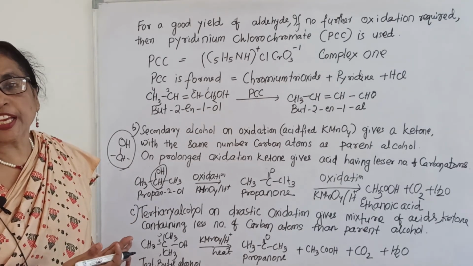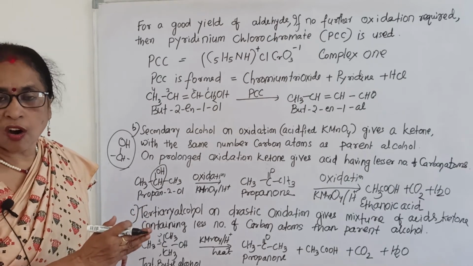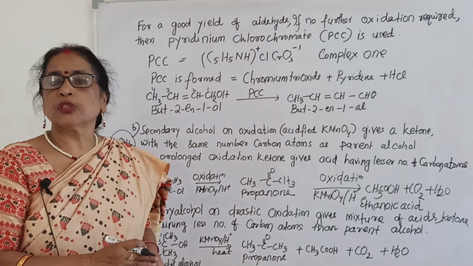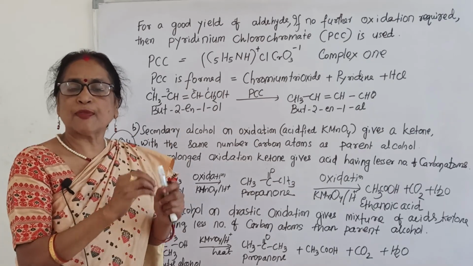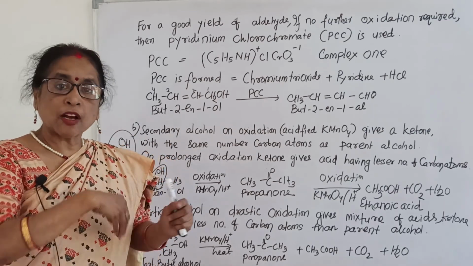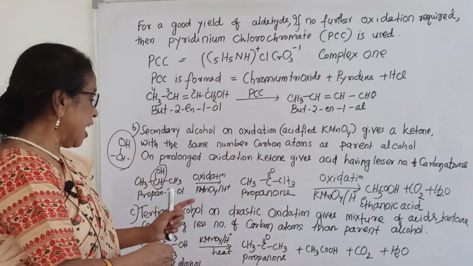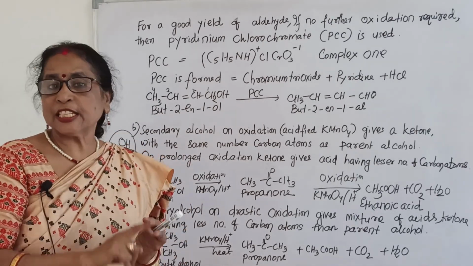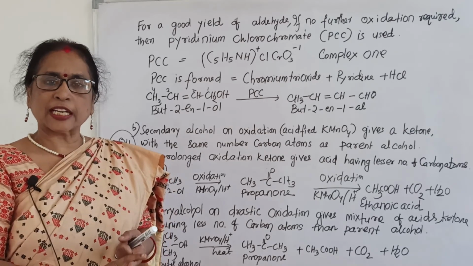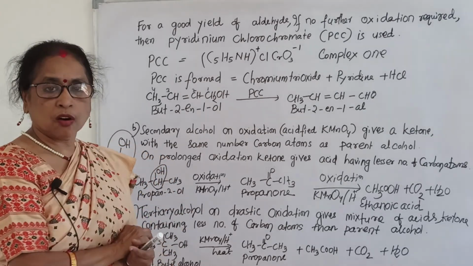Acetic acid has 2 carbon atoms, which is less than your parent alcohol, which has 4 carbon atoms. Then what is the meaning? Tertiary alcohol never undergoes simple oxidation, that means simply with acidified potassium permanganate. But on strong heating, it gives a mixture of ketone and acids, each having fewer carbon atoms than the parent alcohol.